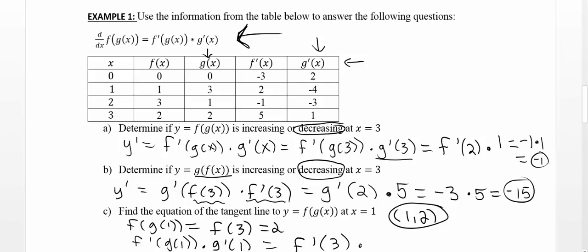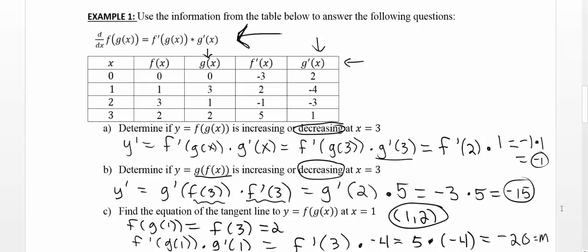So I have f prime of 3 times g prime of 1. So g prime of 1, I go to my g prime column, I go to 1, and I get a value of negative 4. I need to keep going. F prime of 3, I go to my f prime column, I go to a value of x equals 3, and I get 5. So finally, now that I've found all the things I need here, I have 5 times negative 4, which is going to give me negative 20.